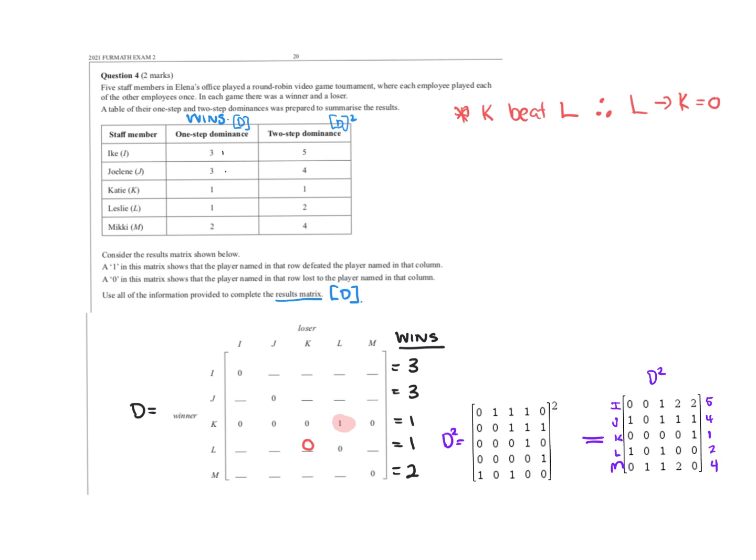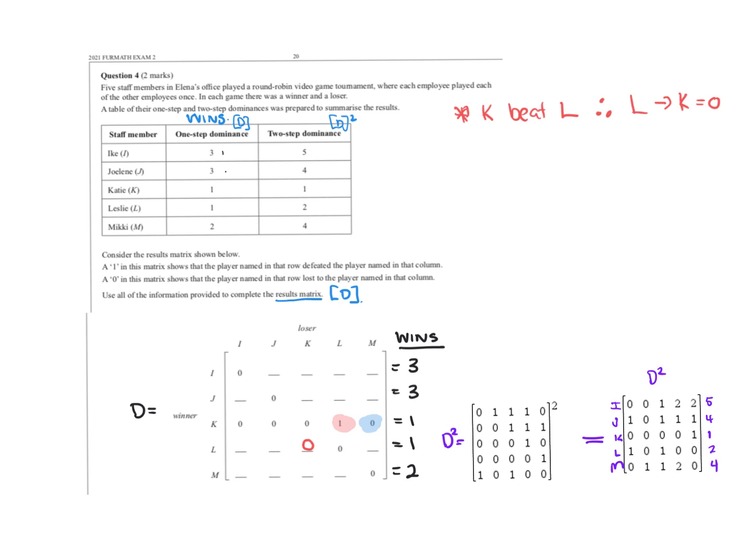Now, if we look at another one, we know Katie lost to M here. So M beat Katie. So if I go over to Katie, I can put a 1. Oops, sorry, I'll do it in the colour.